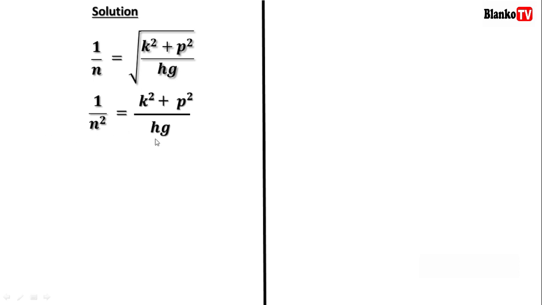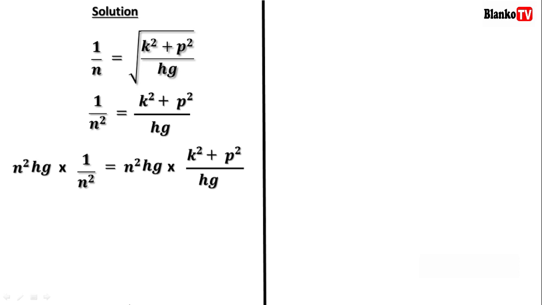I hope you are following it. So we have n square hg multiplying 1 over n square equals n square hg multiplying k square plus p square over hg. n square cancels n square on the left hand side, hg cancels hg on the right hand side.